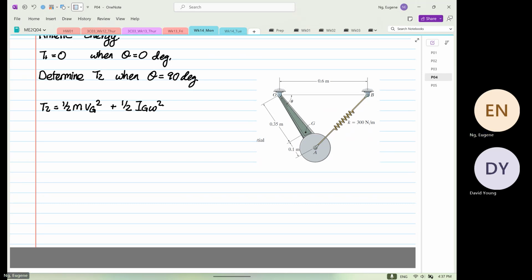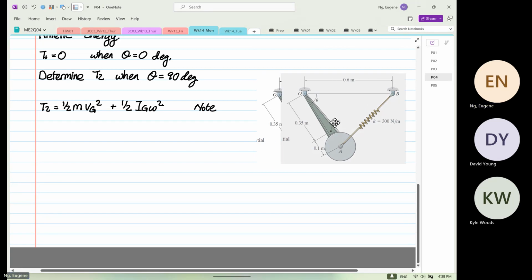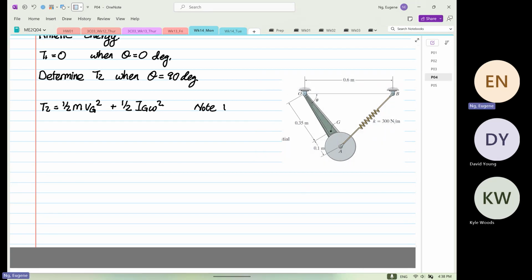Note that vG is also equal to rG omega, because the pendulum is rotating about a fixed axis.